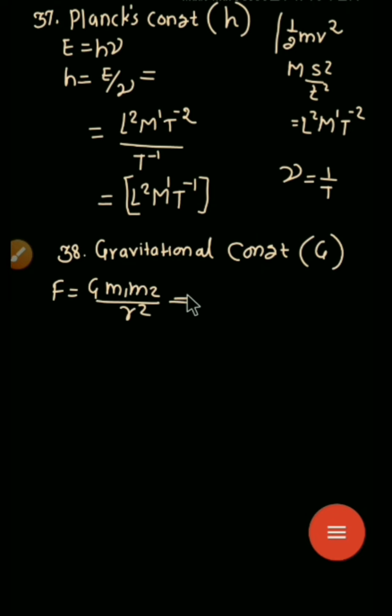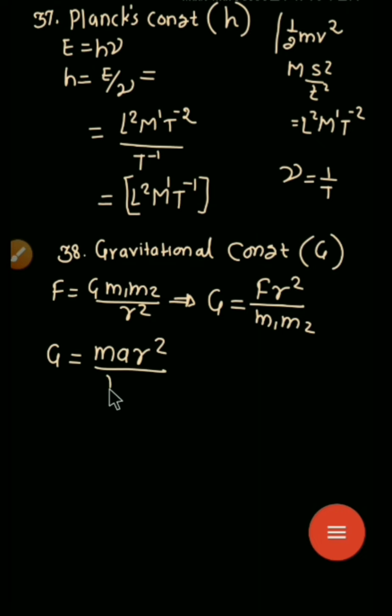So from this equation we can write G is equal to F r square upon m1 m2. Force can be written as mass into acceleration, and m1 m2 is nothing but mass square. Acceleration is velocity upon time, which we can write as displacement upon time square.